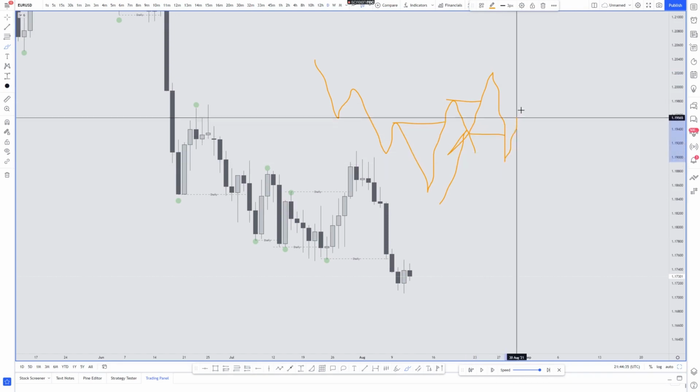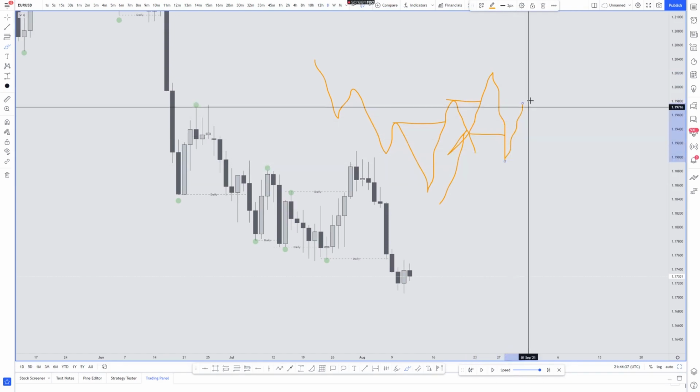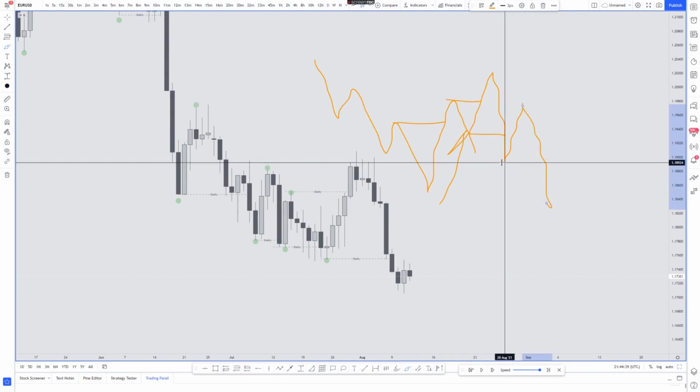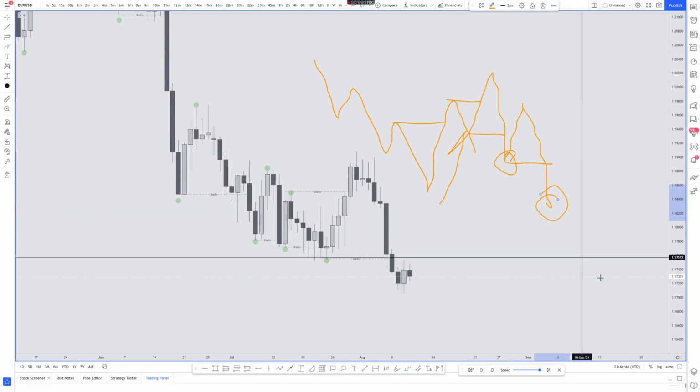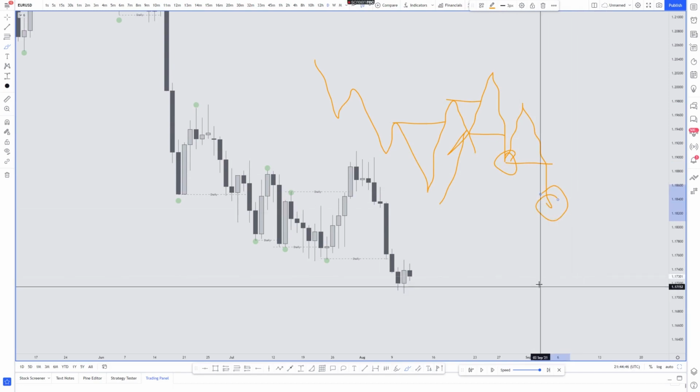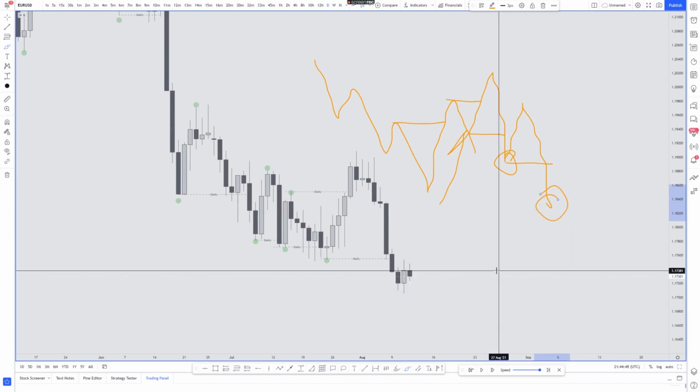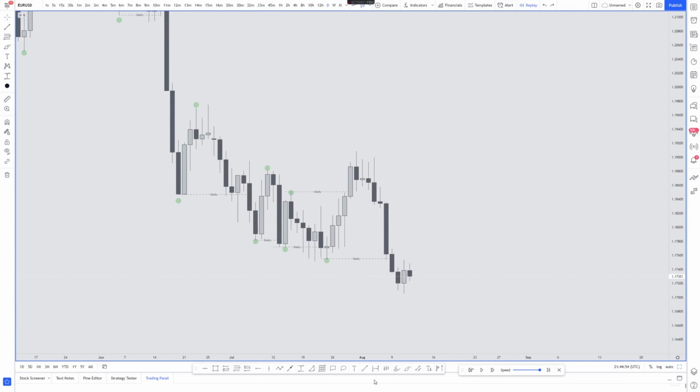And ultimately it needs to retrace and put in one more low, taking this low. So you have one low, two lows, and now it is a confirmed bearish trend. It's very important to understand this concept, as the majority of your trades will be framed using this concept.